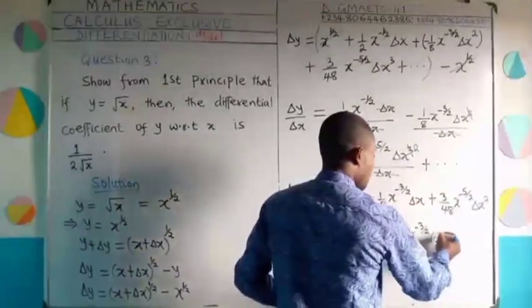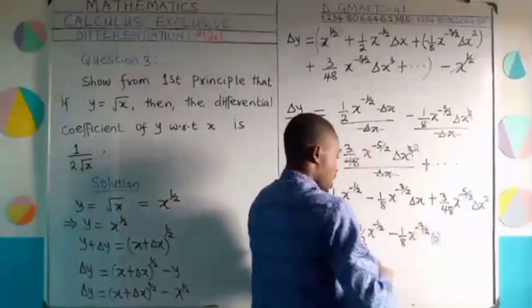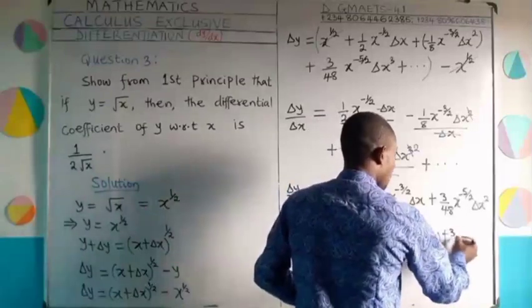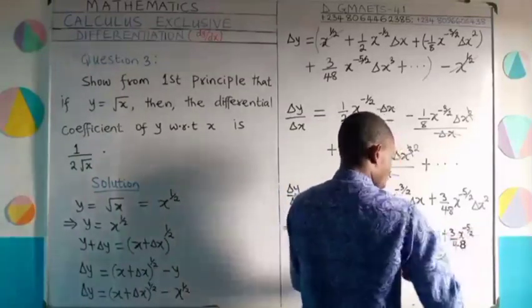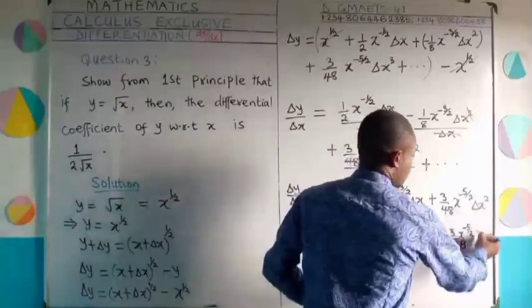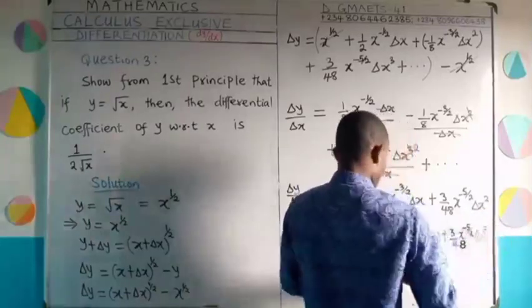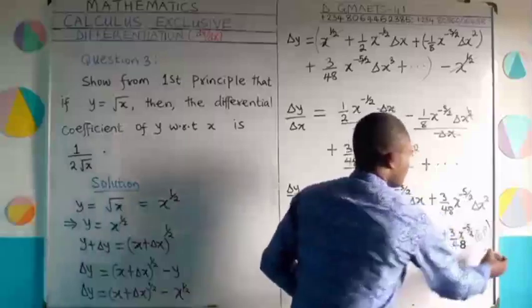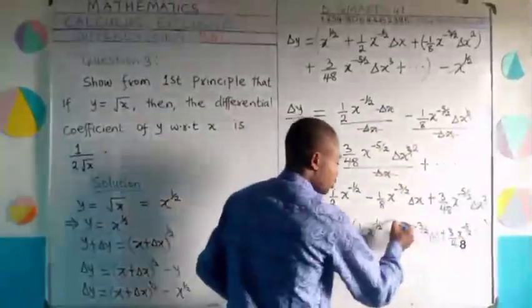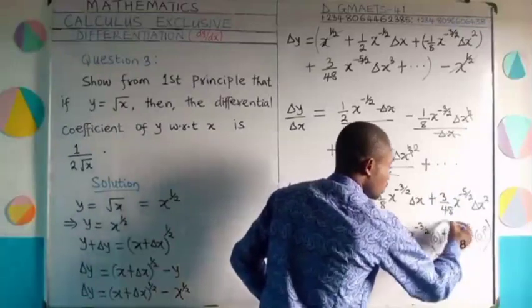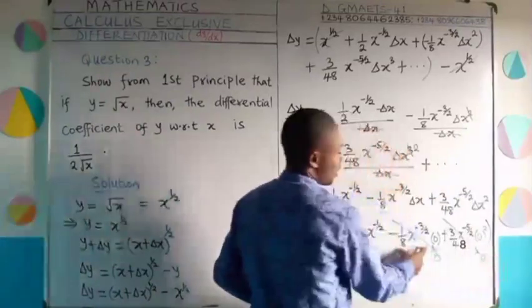So let me put it 0, and then plus 3 over 48, x raised to the power minus 5 over 2. Then in place of this delta x, you fix your 0 raised to the power 2. And of course, my problem is solved. This whole term will go to 0. This whole term will go to 0 because you are multiplying them by 0.